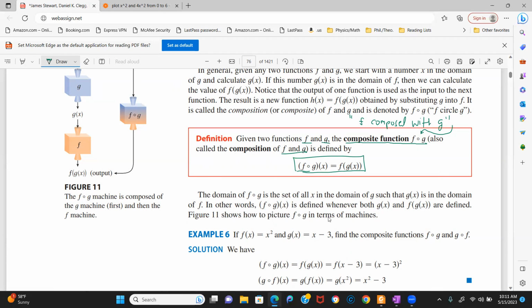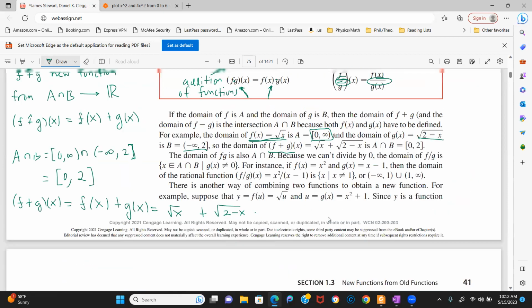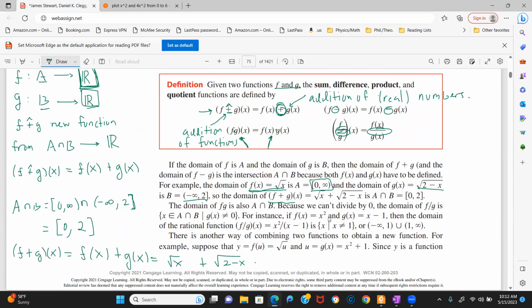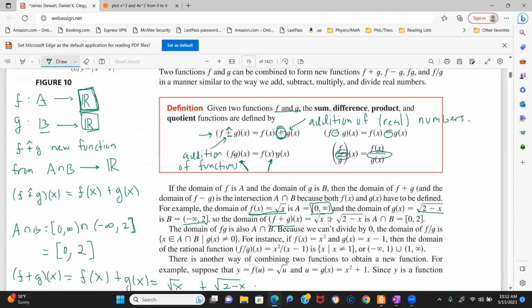Basically you take x, you feed it into g, so you get g of x. That gives you some result, say a number. And now g of x is a number, so you plug that into f. In the case of addition of functions, you're applying both functions simultaneously and then adding them, like up here.